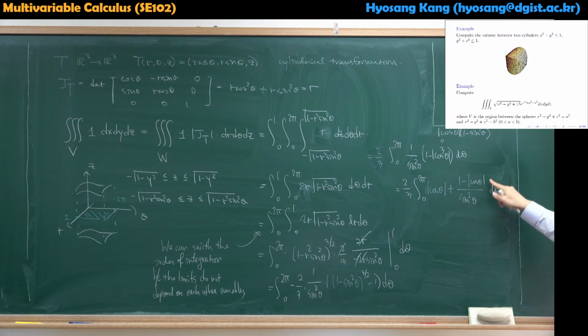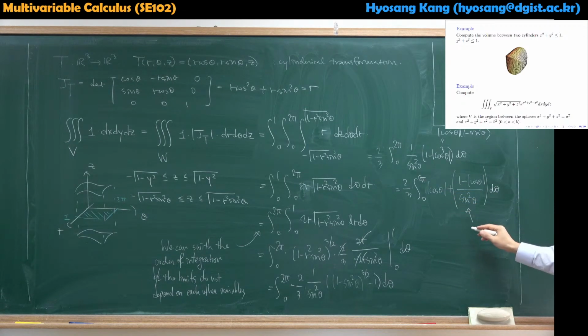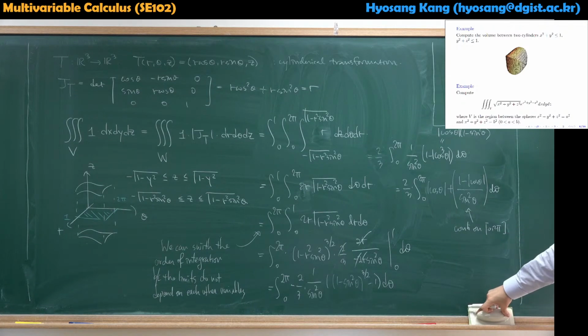So using L'Hopital's rule or another method, you can show that this is actually continuous. This part is not diverging at any of these points in the interval, but it's continuous on this 0 to 2 pi interval. And also, let's see.